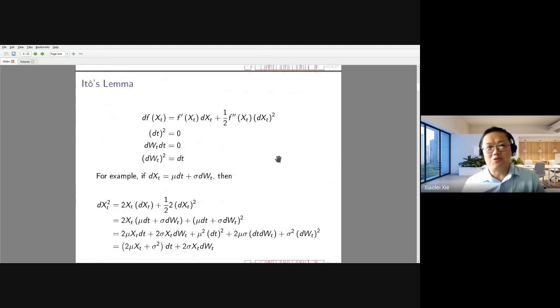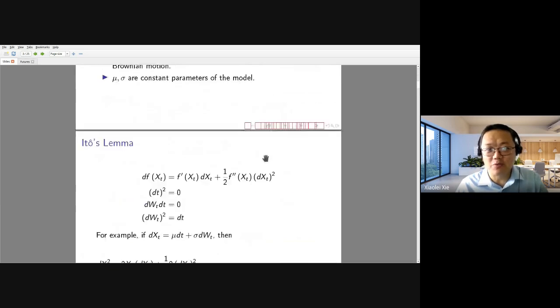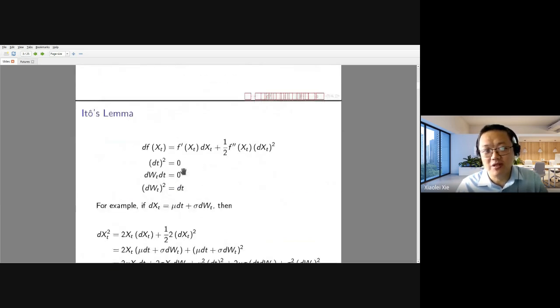So in order to deal with this kind of stochastic differential equations, the central tool is Ito's lemma. The lemma says if we have a stochastic differential equation of this form and we want to find out the differential of a function of this stochastic process, then we can use Ito's lemma to find it out.